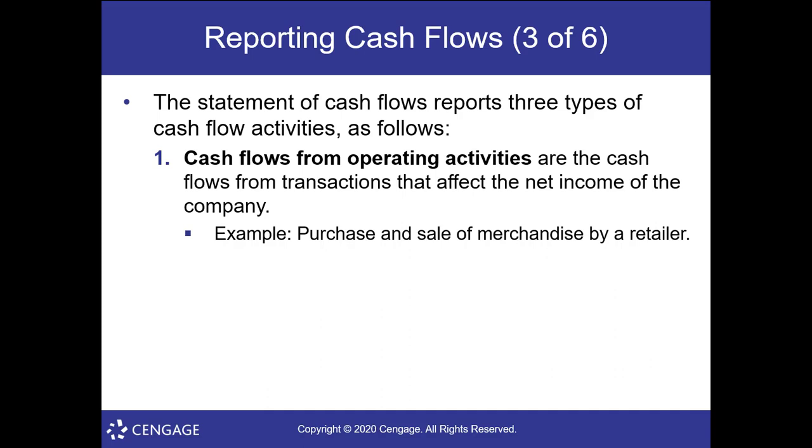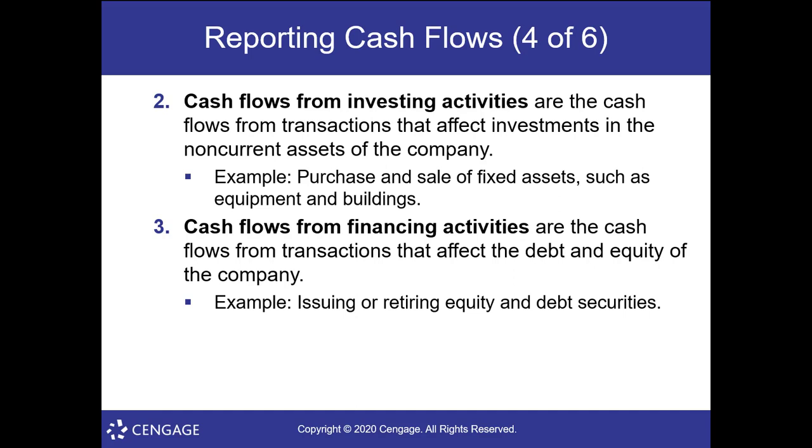So the three activities that the statement addresses are, first, cash flow from operating activities. This is the day in, day out activities that entities do in selling their goods and services. Second, investing activities, so cash, where is it being used? Purchase of fixed assets, long-term assets, whether they be tangible or intangible.